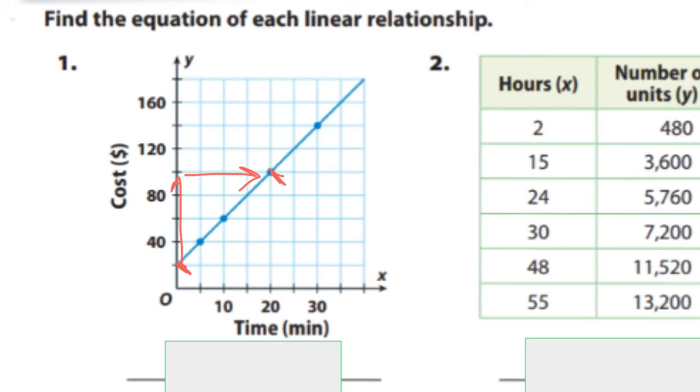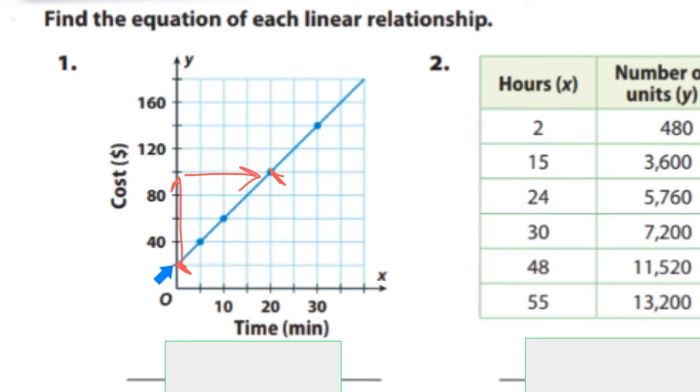Okay, for the first one, for my slope, I'm going to do a rise and a run. So my rise, you have to know what each block is worth on the y-axis, on the vertical axis. So from this spot to this spot is 40, that's labeled. So half in between is 20. So they're counting by 20s.